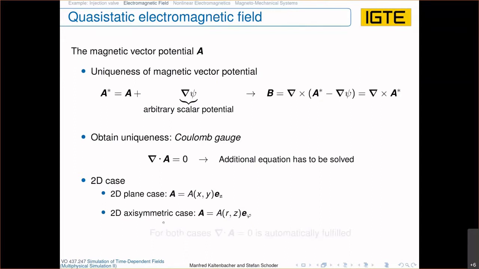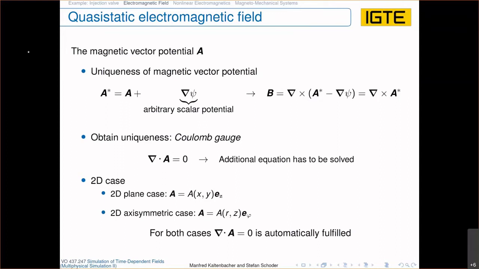So for this case, also the divergence of the magnetic vector potential is 0. So this is automatically fulfilled. That is the good story, that in 2D we have an automatic gauging, because the divergence of the magnetic vector potential is automatically 0. However, this is not the case in 3D.